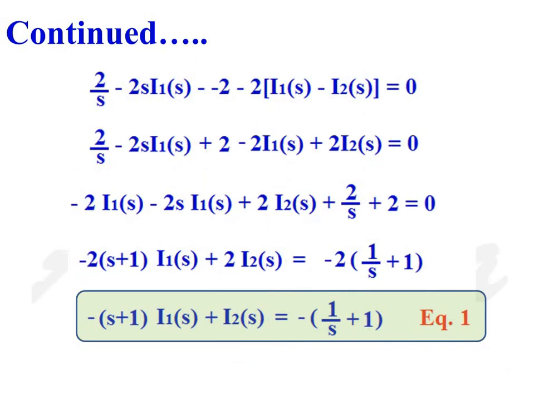So this equation can be redrawn as minus of S plus 1 I1 of S plus I2 of S is equal to minus of 1 by S plus 1. Equation number 1.